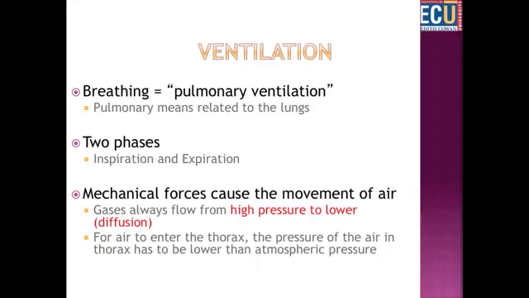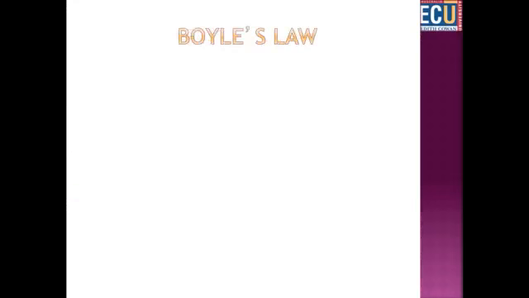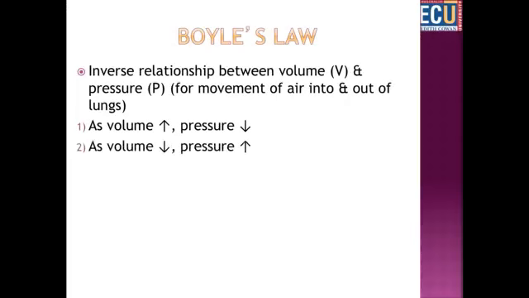Hence why if you spray a deodorant can in the air, the deodorant just doesn't clump together, because that's where the high concentration is. They want to spread out. They want to diffuse across the atmosphere. So for air to enter the thorax, the pressure of the air in the thorax has to be lower than the atmospheric pressure. And we'll touch on that when we look at Boyle's law, which apparently we're doing right now.